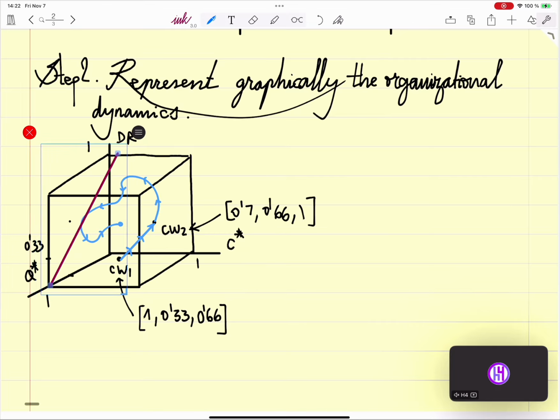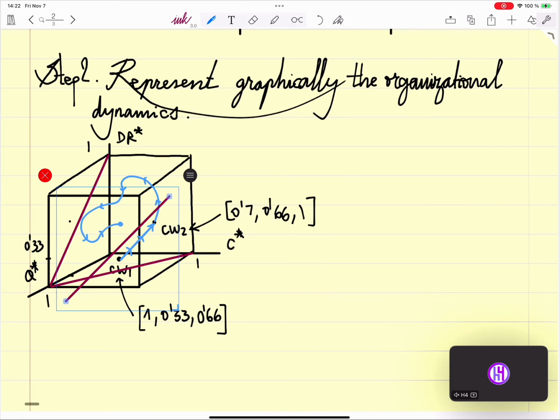Okay, so this is this triangle. The characteristic of this triangle is that when we add up the coordinates of all the points in this triangle, they add up to 1. So this is called the simplex.